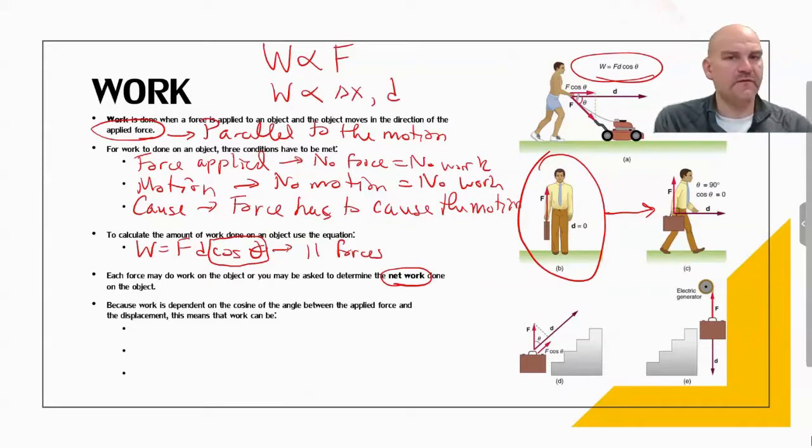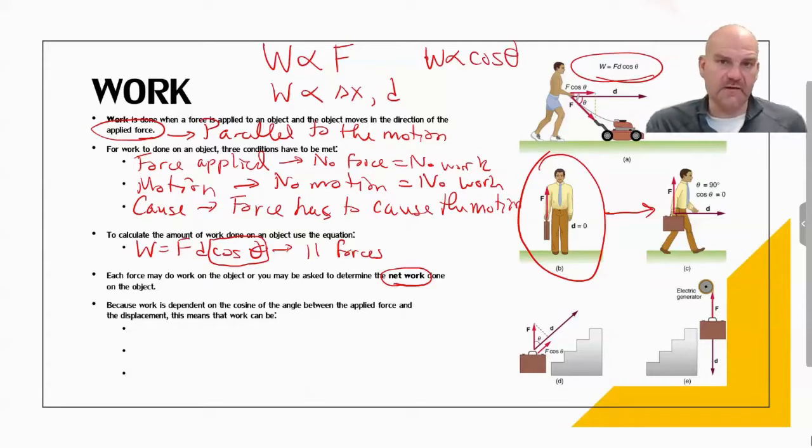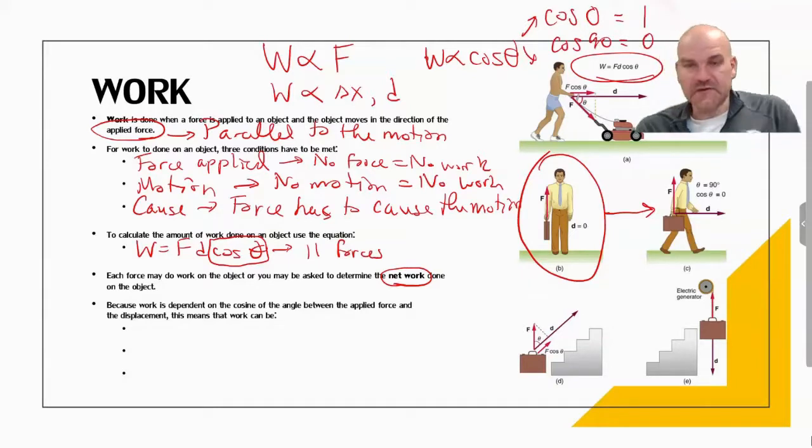So the more you apply the force, the more work is done. But it's also dependent on the cosine and the angle, and we're really looking at where it lies between cosine of 0 and cosine of 90. Because cosine of 0 is 1, cosine of 90 is 0.